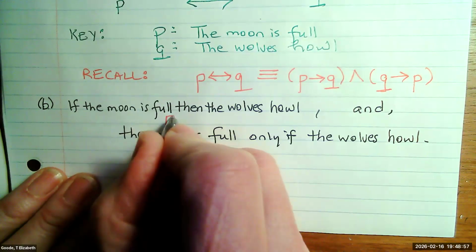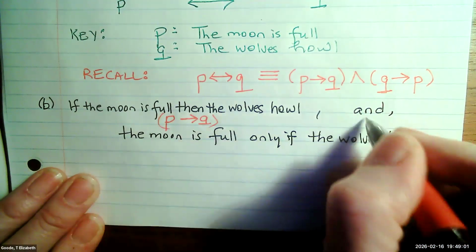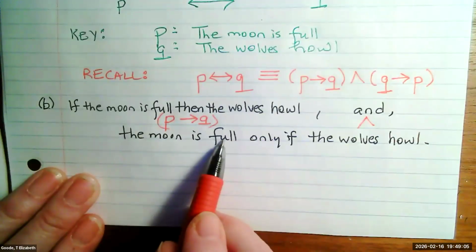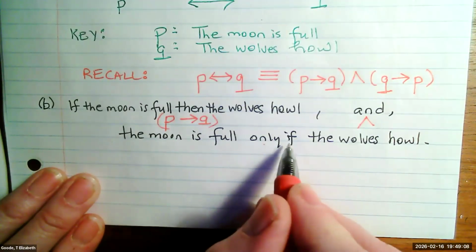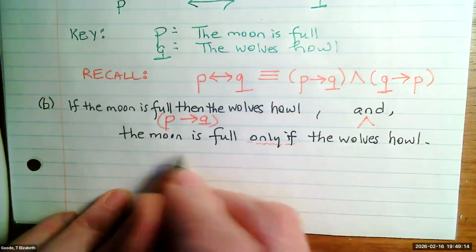The first one, the moon is full and the wolves howl, yes. And that's if P then Q. Do you agree? Yes. And we have the and. And this is the moon is full only if the wolves howl. So let's write the words.